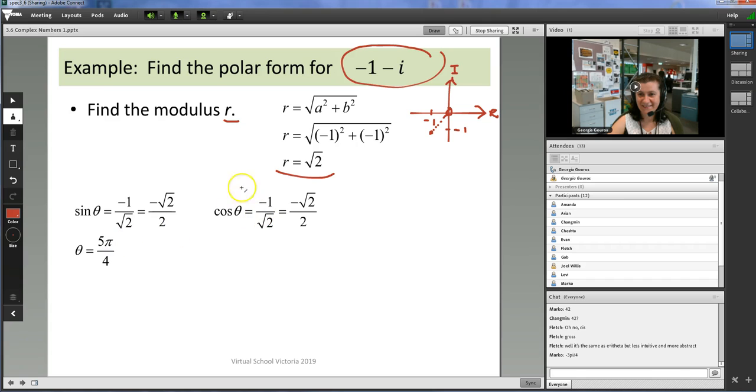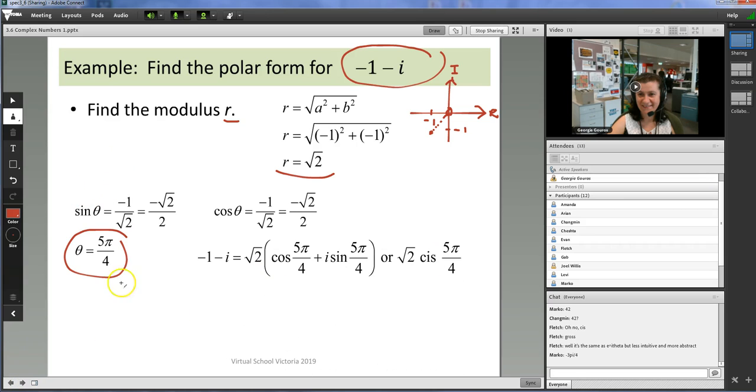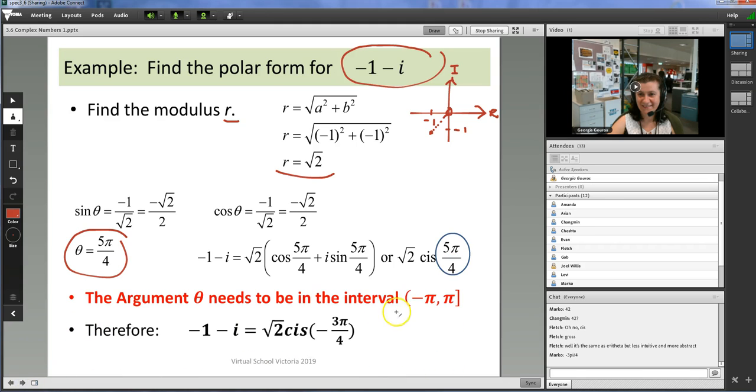we can talk about it being equal to 5 pi on 4, but that is not correct, because remember the argument needs to be expressed between negative pi and pi. So we need to adjust that, and it becomes equivalently expressed with the argument or the angle negative 3 pi on 4.